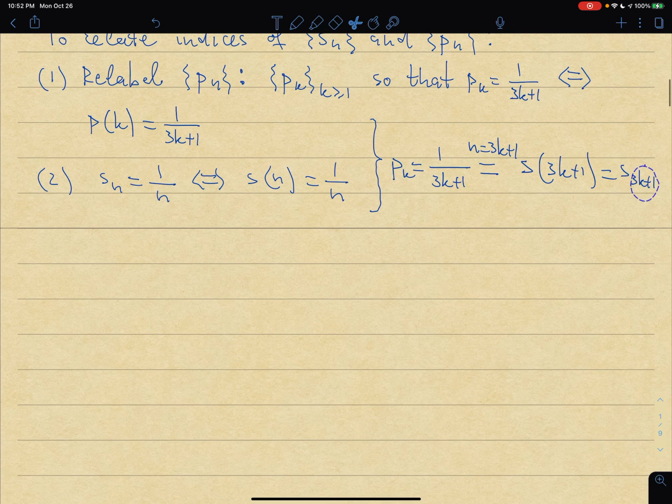So generally now, let's try to give a definition of a subsequence. Definition.